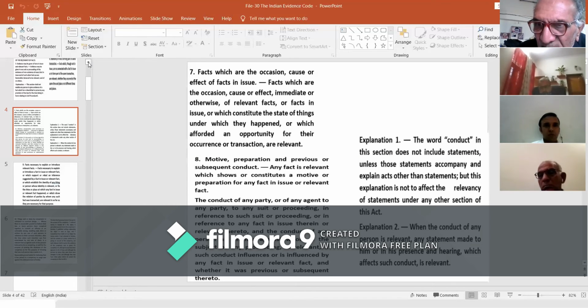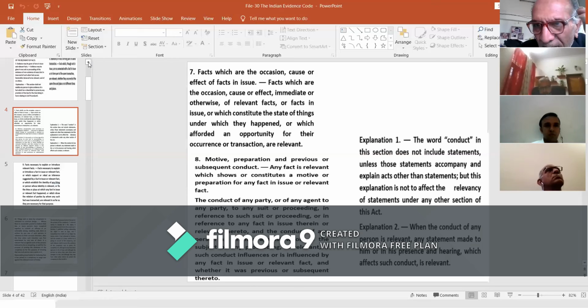and as such, let us rephrase it and let us chase it phrase by phrase, stage by stage. I am reading again. Facts which are the occasion, cause or effect, immediate or otherwise, of relevant facts or facts in issue, or the third situation, which constitute the state of things.